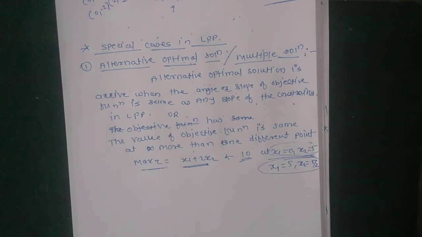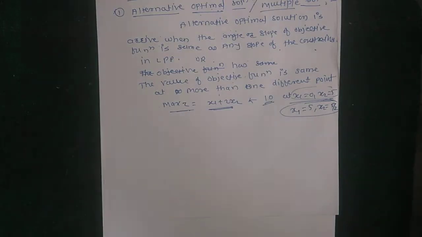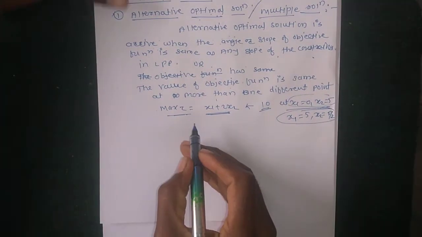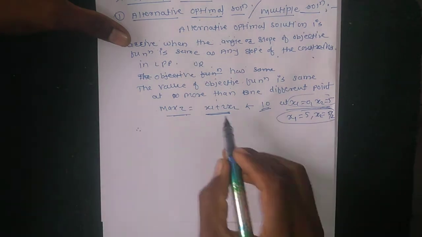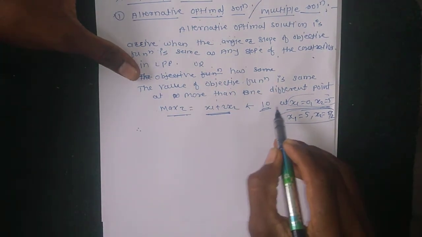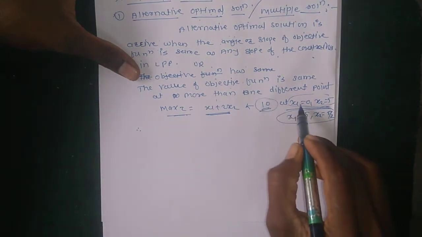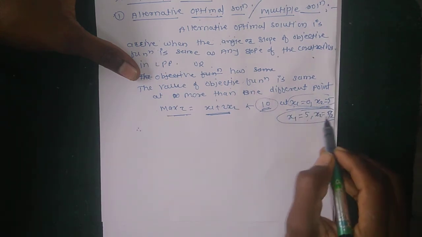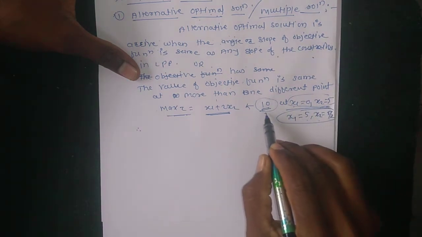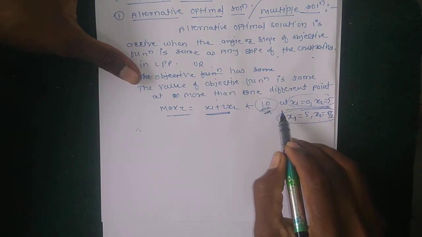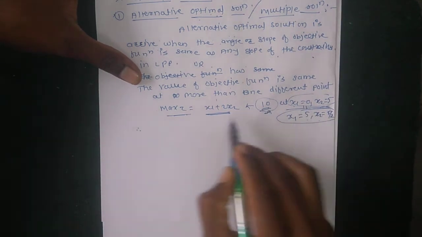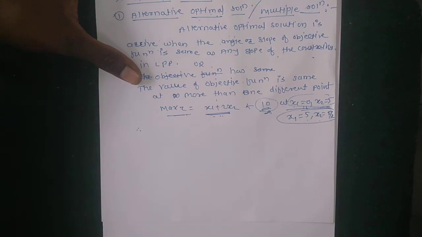Alternative solution means the objective function has more than one solution. Here x1 plus 2x2 has the value 10 at 2 points, 0, 5 and 5, 5 by 2, so the objective function value is 10 at both. Then we say that the given LPP has an alternative solution.